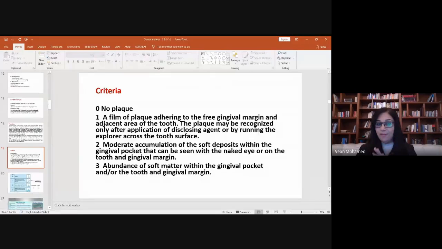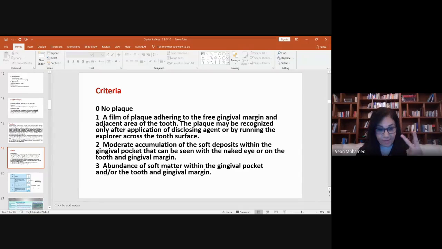Score 0 if we have no plaque. 1, a thin film of plaque adhering to the free gingival margin. For plaque, only the gingival margin or gingival third of the tooth will be examined.